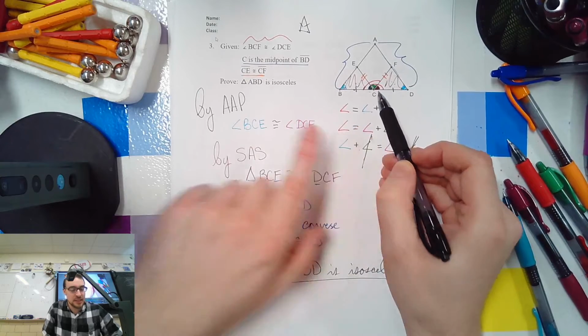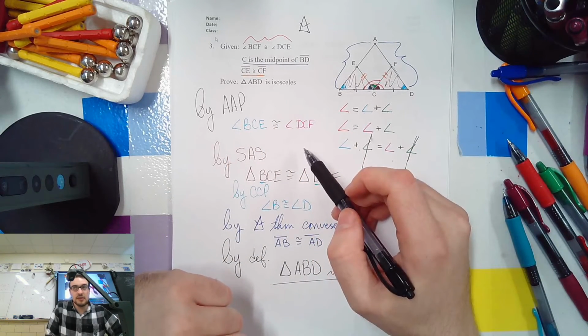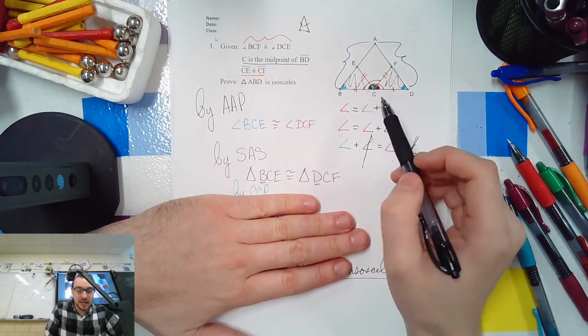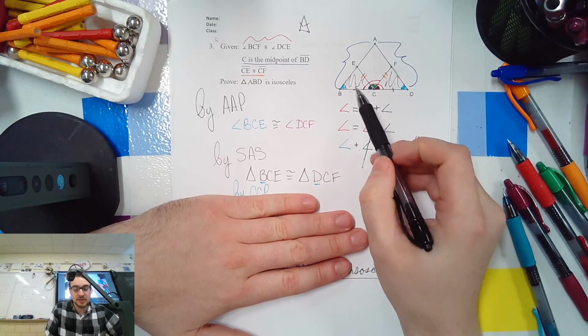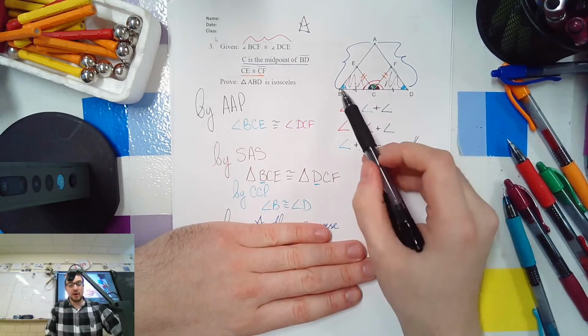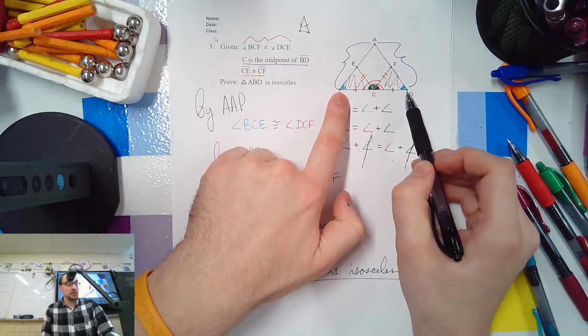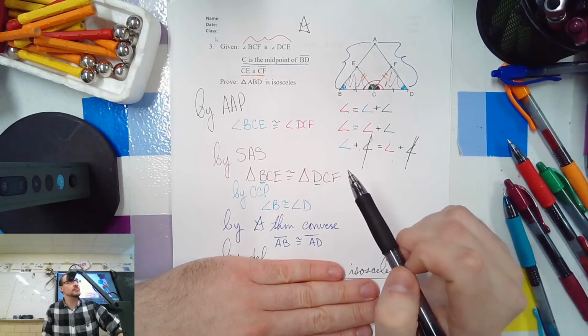That's angle addition postulate, so I wrote that. Then I said side angle side for this triangle, right? So now both triangles are the same. Then I said if the triangles are the same, then their parts are the same, and I wanted these parts to be the same, so then I could say that must be an isosceles triangle, because these two are the same.